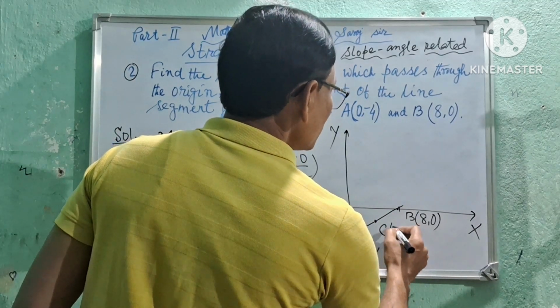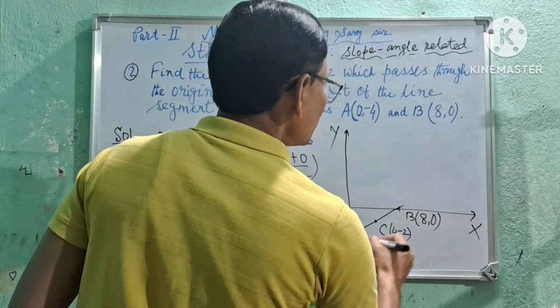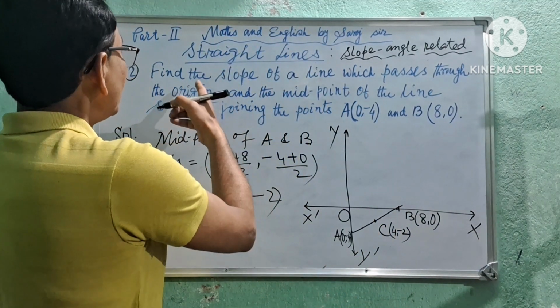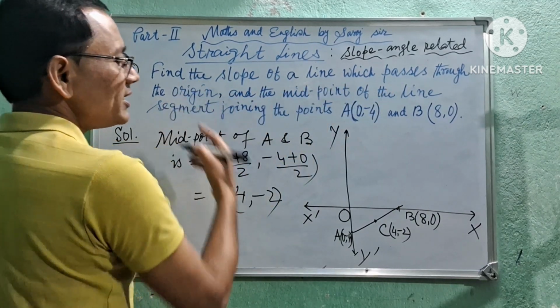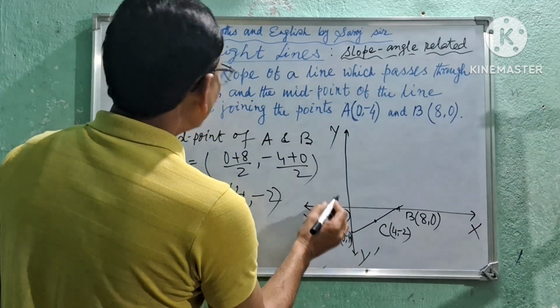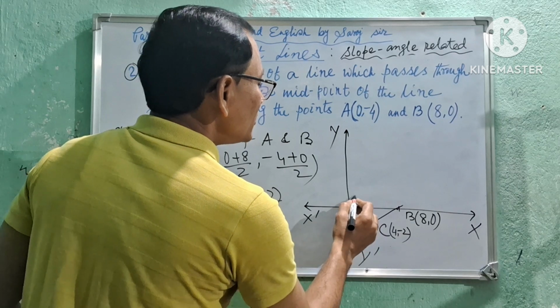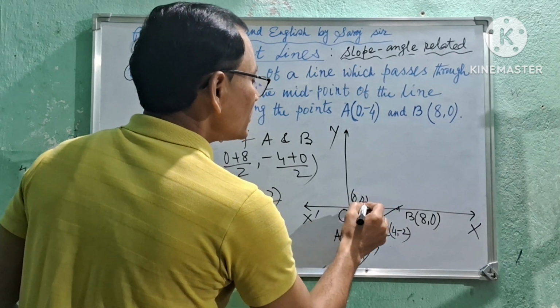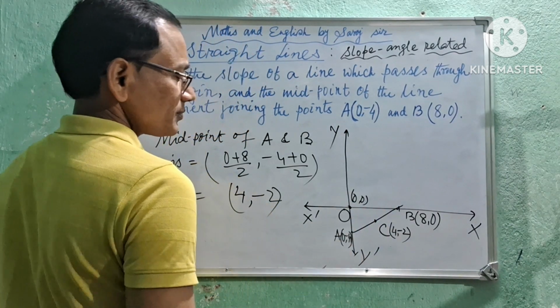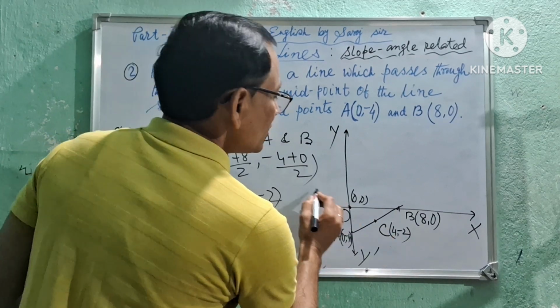Now find the slope of the line which passes through the origin, 0 0, and the midpoint C.